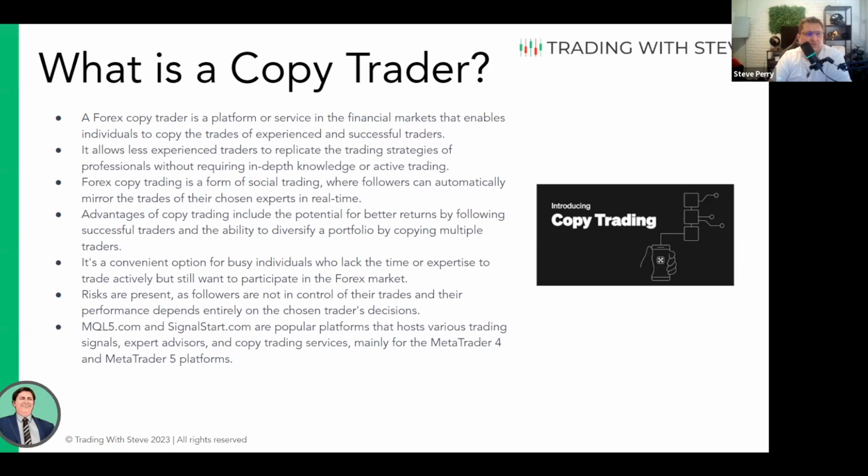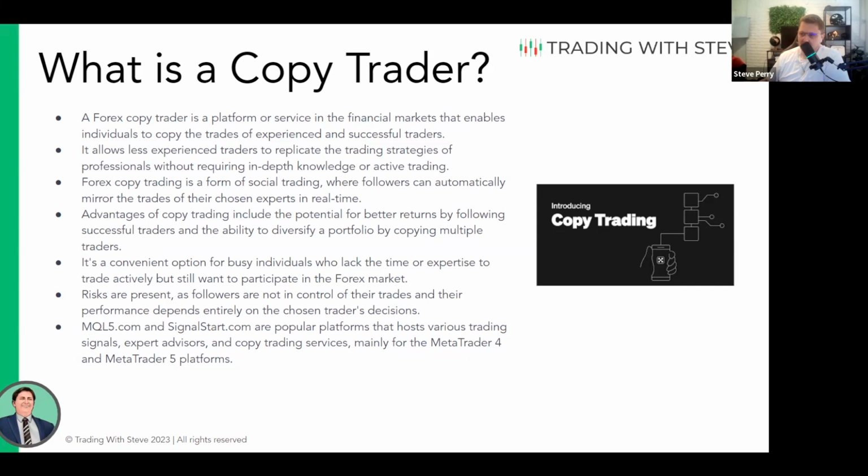That's very cool. Jason says, which platform do you prefer the most? MQL5, Signal Start, or another? I like Signal Start. It's easiest for me to analyze. Signal Start has about 1,300 copy traders and bots you can choose from, which is a lot, but also not a ton. MQL5 has like 5,000 you can choose from, but a lot of the bots on MQL5 are just zombie bots, meaning that they're no longer useful or no longer active.